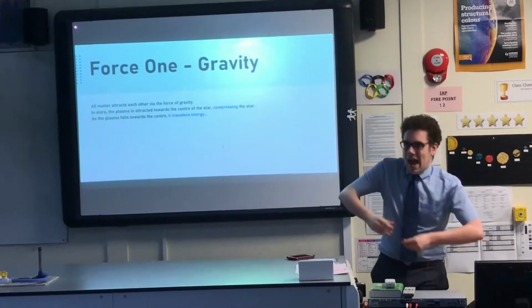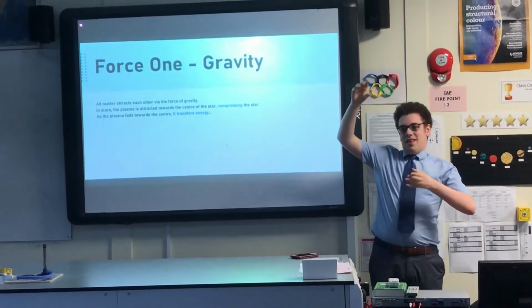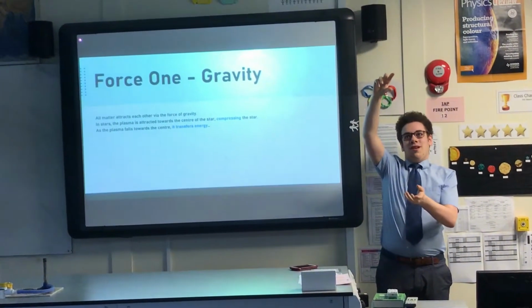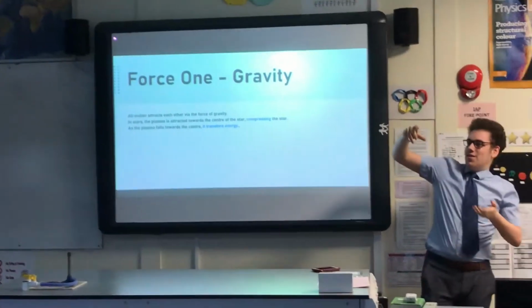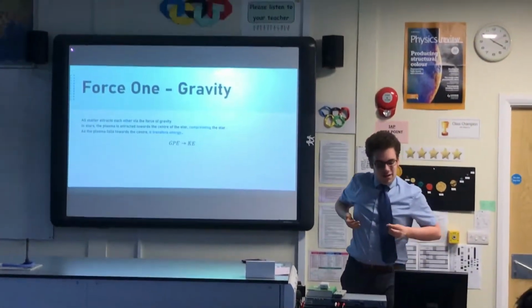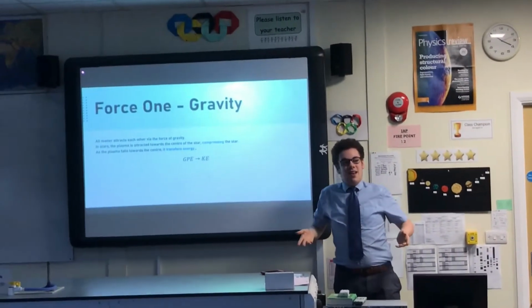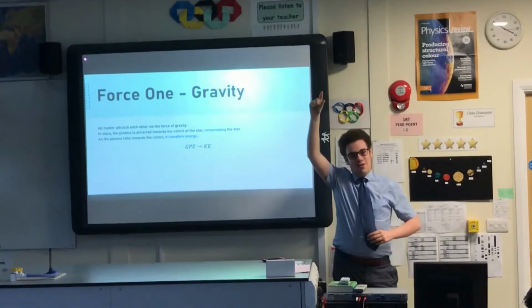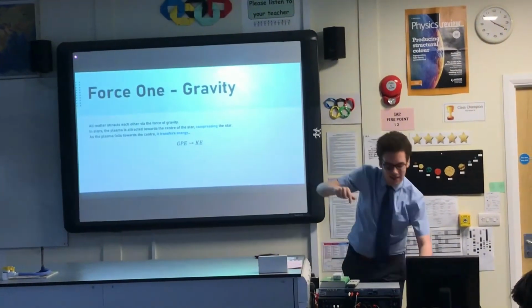Looking at each individual particle, as it is attracted to the center of the star, it transfers gravitational potential energy of that particle into kinetic energy of that particle, falling towards the center.